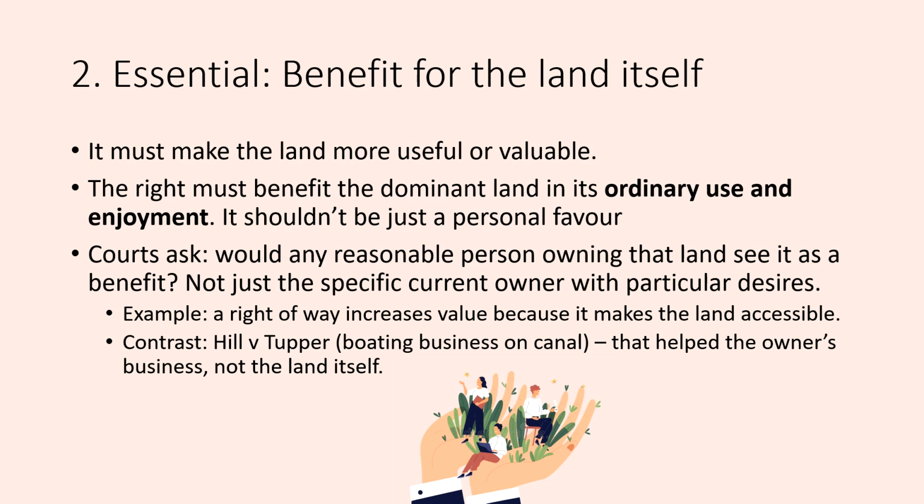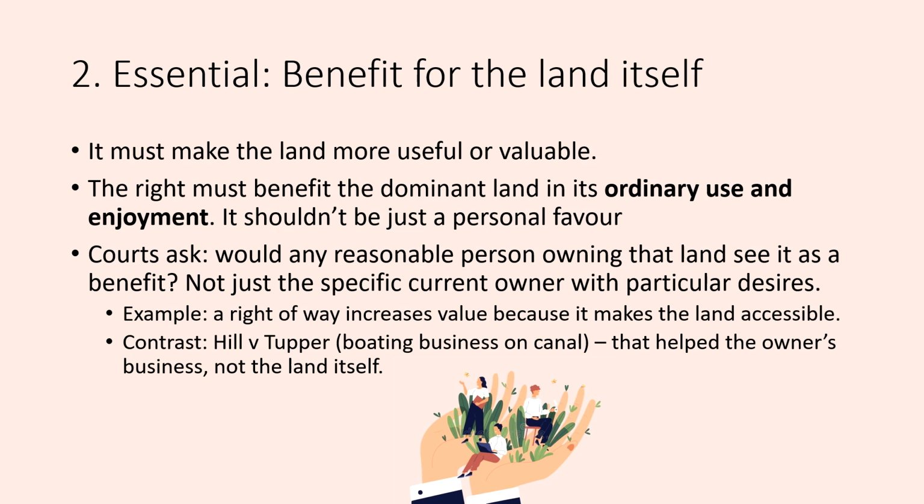By contrast, what would count as really eccentric and particular, like a personal favour, can be seen, for example, in Re Tapper, where the new owners had a boating business on a canal, and it was said that this helped the owner's business, but not really the land itself.